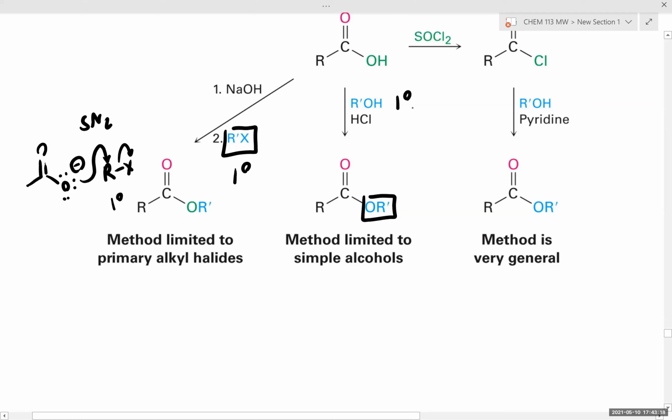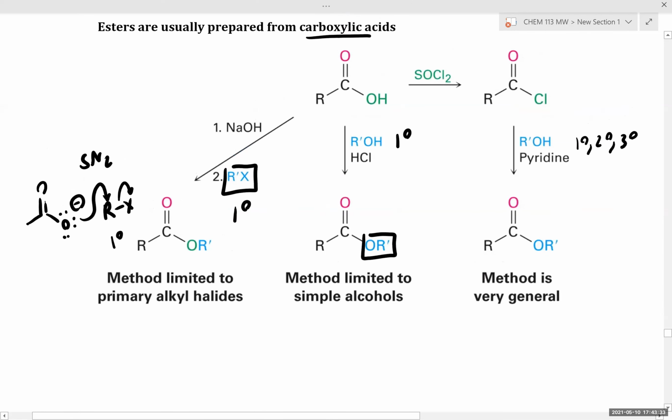Now, if you really want to install a primary, secondary, or tertiary alcohol as part of your ester, you're going to need to go through the corresponding acyl chloride. The reaction of an acyl chloride with an alcohol via what's known as the alcoholysis reaction is quite general and tolerates a range of alcohols.